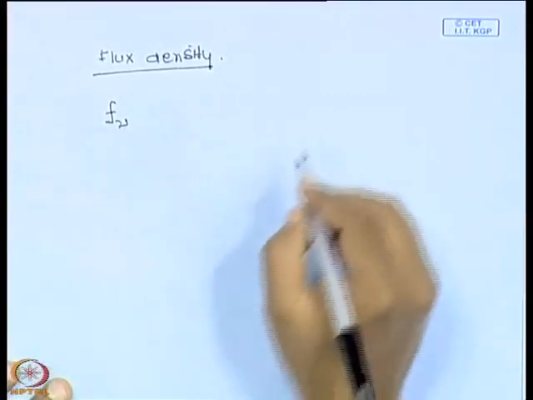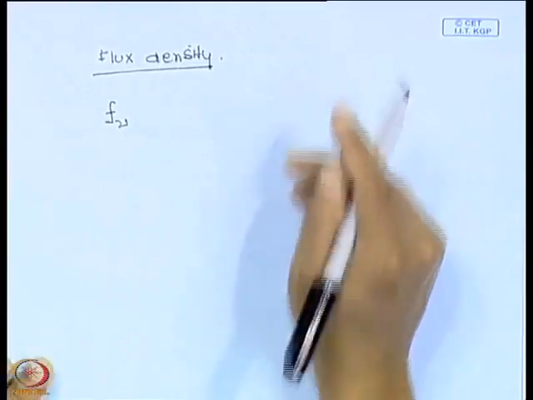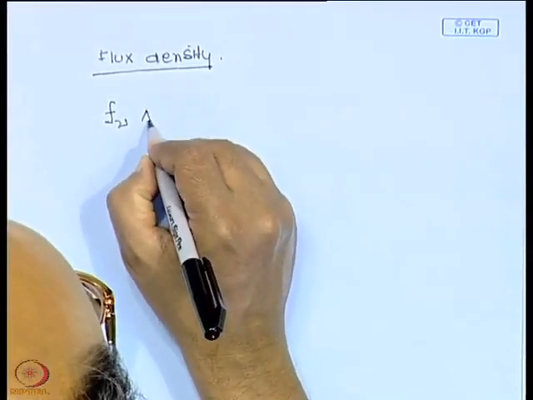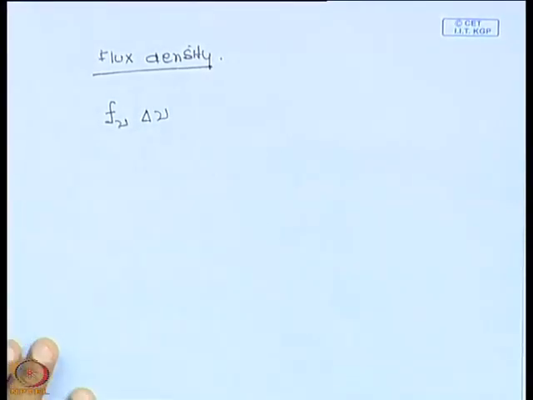So flux density is essentially, if I place a detector 1 meter square, the energy coming there per unit time interval in the frequency range d nu. So this times delta nu tells me the energy coming per unit, per meter square, the flux of energy in 1 second.